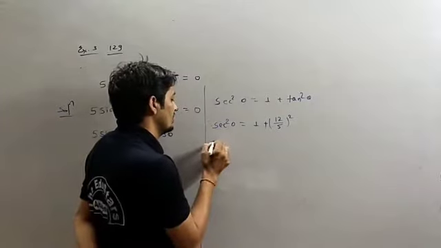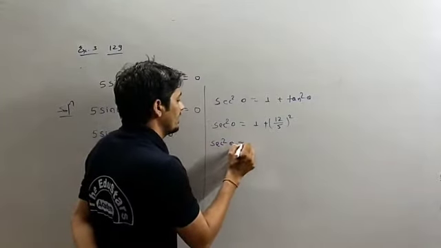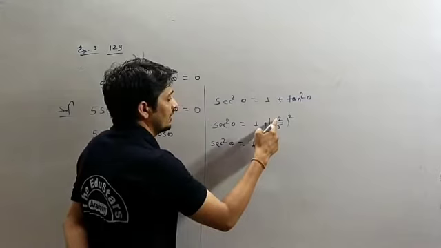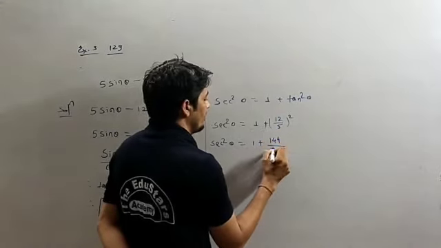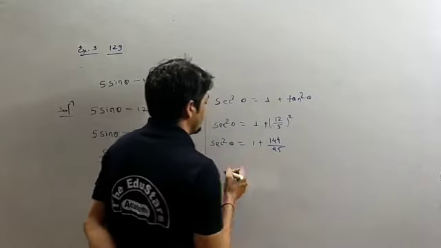Now we have to solve. Sec square theta equals 1 plus 144 divided by 25, since the square of 12 is 144 and the square of 5 is 25.